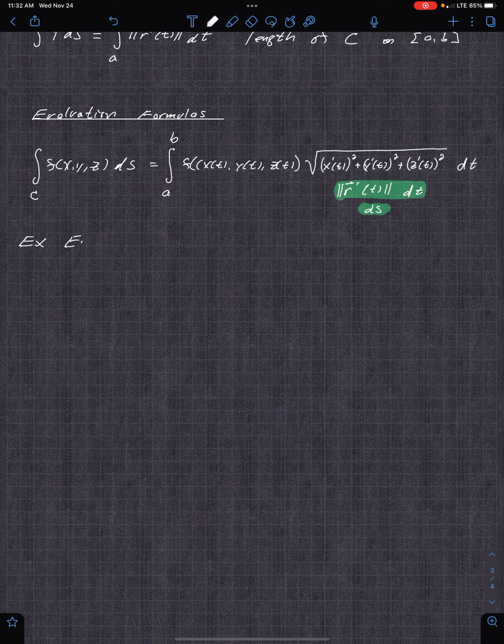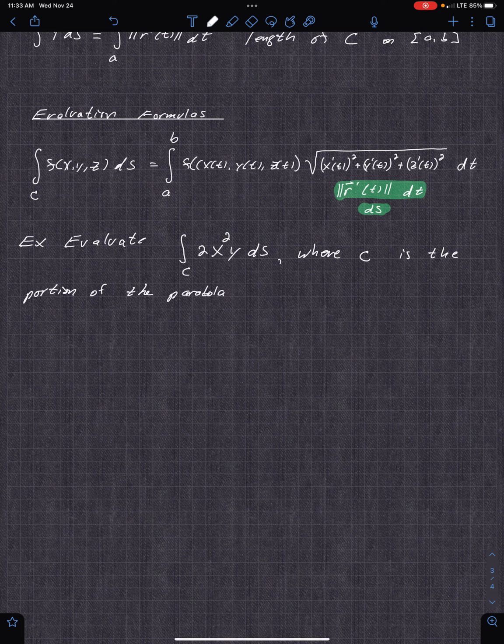So evaluate the line integral over C of 2x squared y ds, where C is the portion of the parabola y equal to x squared from (-1, 1) to (2, 4).